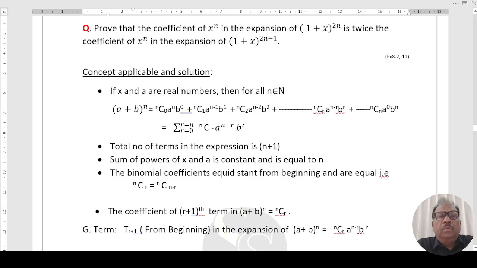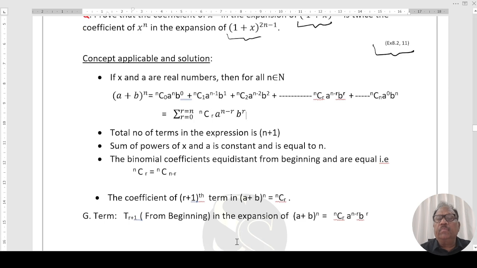Question is, prove that the coefficient of x to the power n in the expansion of (1 plus x) to the power 2n is twice the coefficient of x to the power n in the expansion of (1 plus x) to the power 2n minus 1. Question is taken from NCERT exercise 8.2, concept applicable in solution.